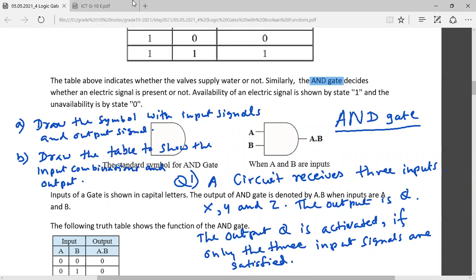Question A, draw the symbol with input signals and output signal. B, draw the table to show the input combinations and output.